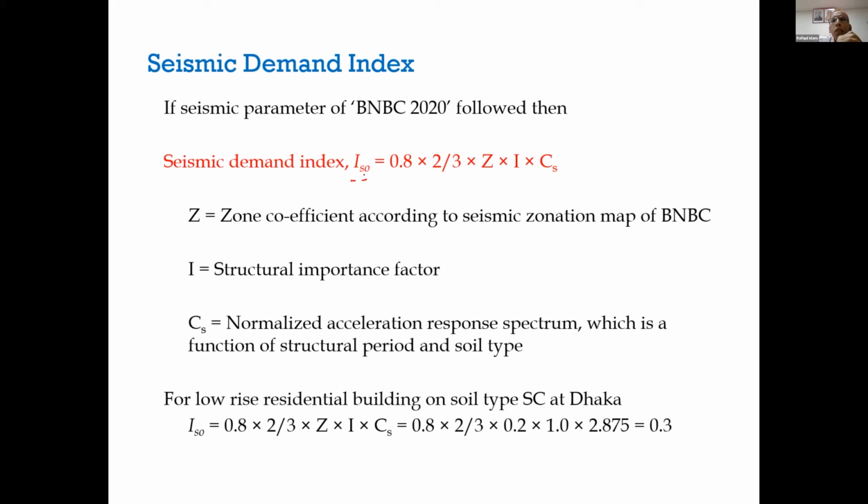For ISO, I already showed that ISO is this value 0.8 into 23, and all these values are the seismic parameters from the BNBC. I already showed that for Dhaka that could be like this based on the medium stiff soil and low rise building.